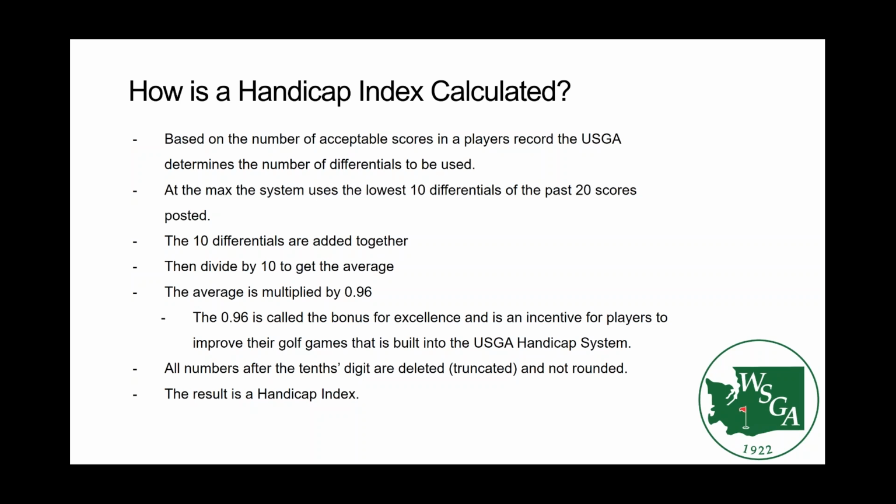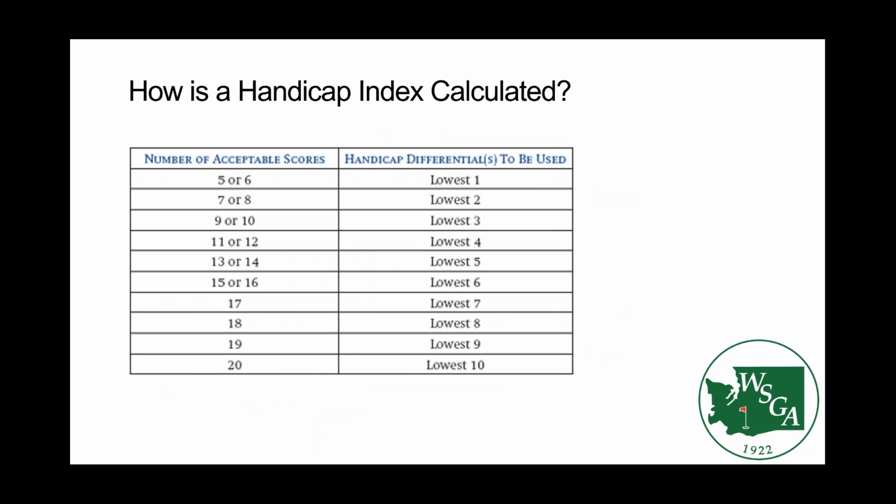I wanted to show you here a little graph of how many scores are used. The number of scores that you have in your handicap record determines how many scores will be used to calculate your handicap index. As you can see here, from 5 or 6 scores, you only get one handicap differential. So if you only have 5 scores in there, it's going to pick whatever's lowest and base your handicap index off that differential.